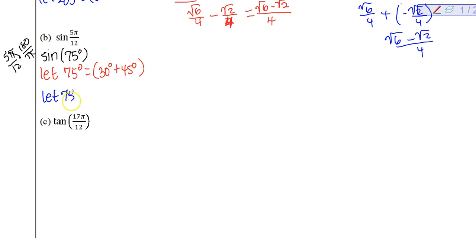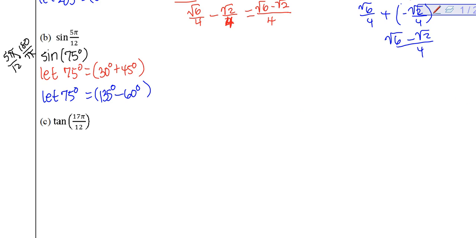We'll let 75 degrees also equal... what if we do 135 minus 60? Or 120 minus 45, that would work, right? So multiple numbers would work there.